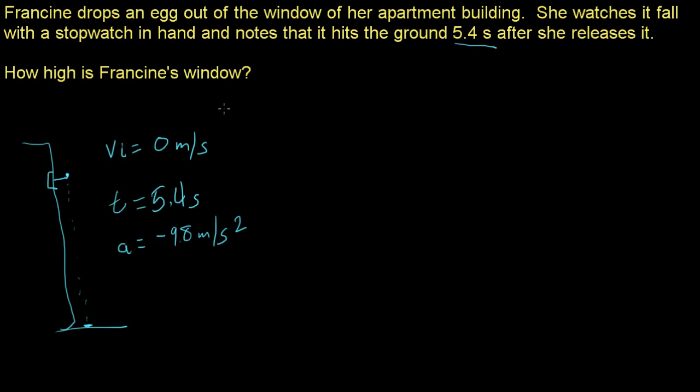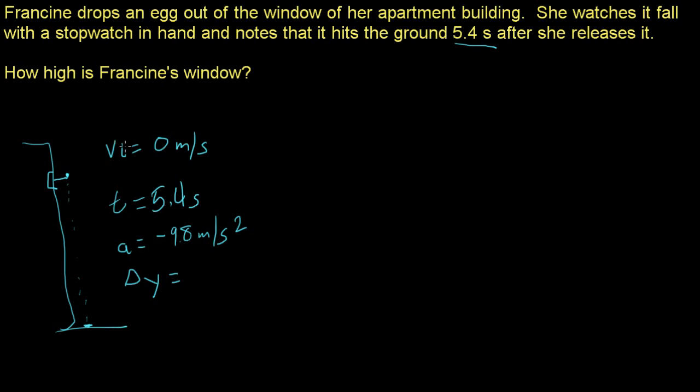We want to know how high the window is. Well, that's how far it falls. It starts here and goes to here. We're looking for delta y, the change in y, how far it fell, or how far it ended up from where it started. So we have vi, a, t, and delta y.